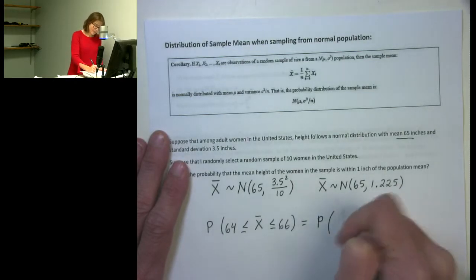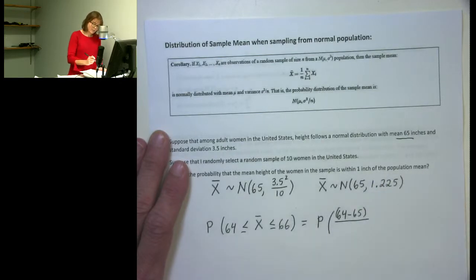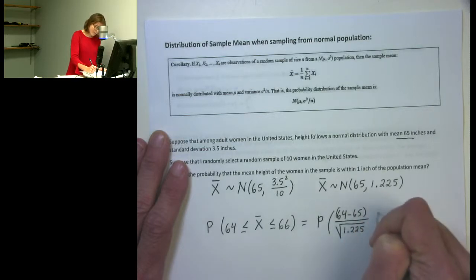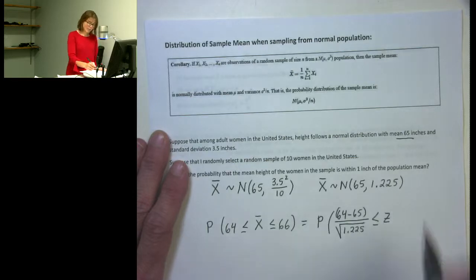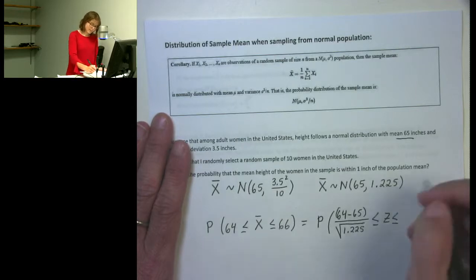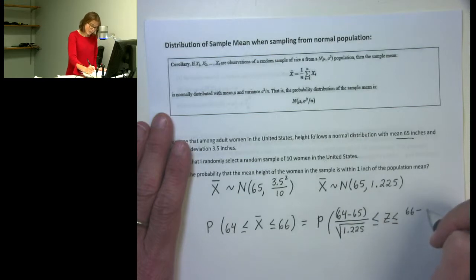This is the probability that 64 minus the mean of this distribution, 65, divided by the standard deviation of this distribution, square root of the variance, 1.225, is less than or equal to a z, standard normal random variable, is less than or equal to, I'm going to standardize again, 66 minus the mean of the distribution of the sample mean, which is 65, divided by this standard deviation, square root of 1.225.